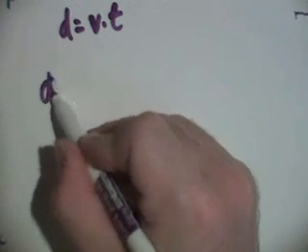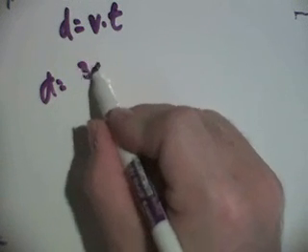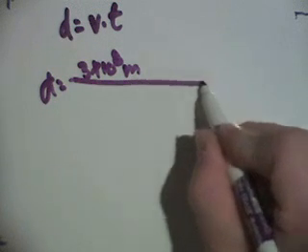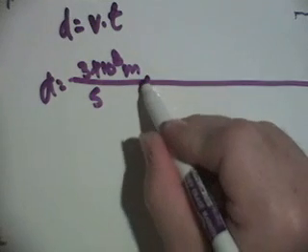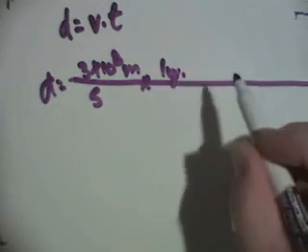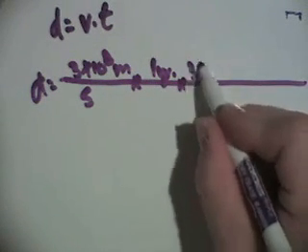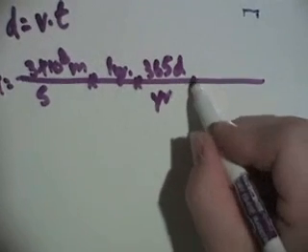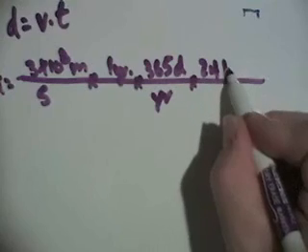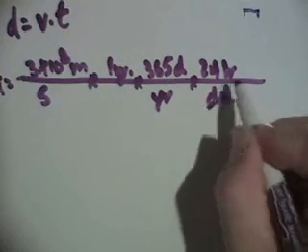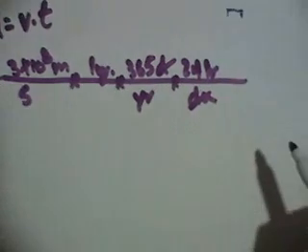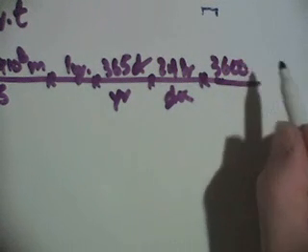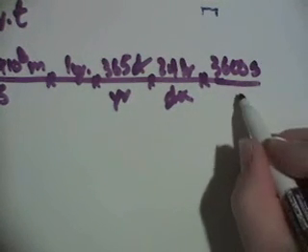So we could find distance by saying the velocity, which is 3 times 10 to the 8 meters per second, times 1 year, times 365 days per year, times 24 hours per day, and times 3,600 seconds per hour.